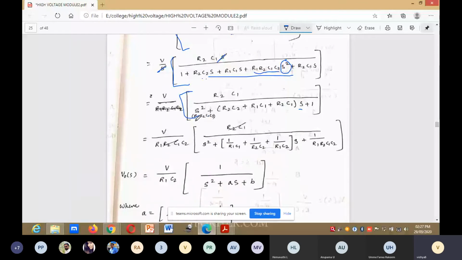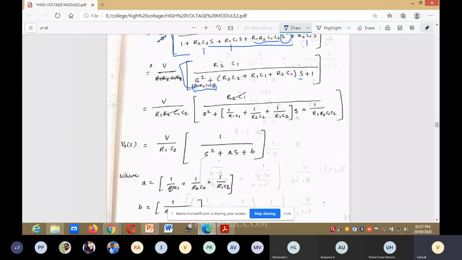Here they have written R1 R2 C1 C2, don't forget this one. This is in small letters, you need to write. After writing this, only then S square you need to write, plus 1. They have taken S common from these three things.